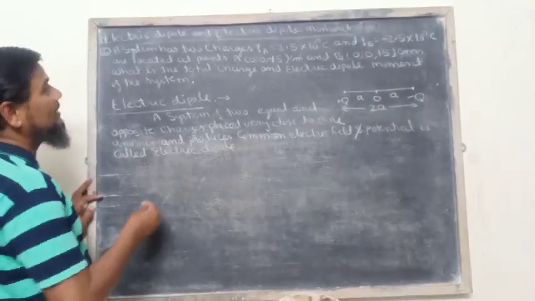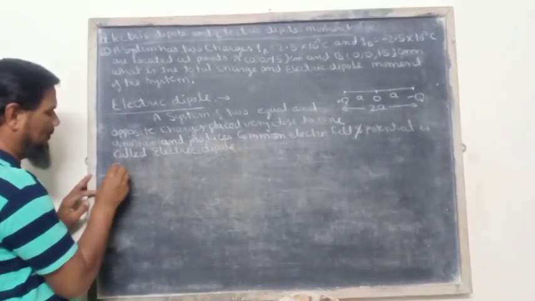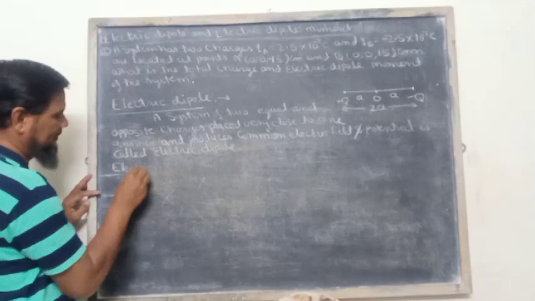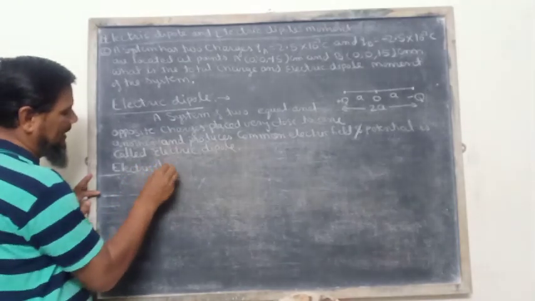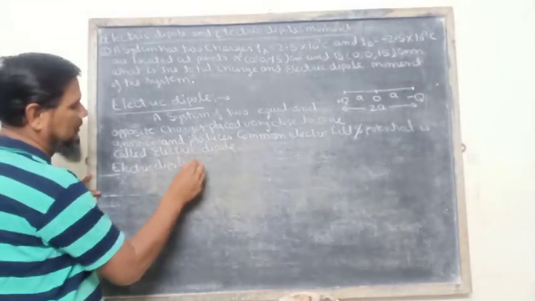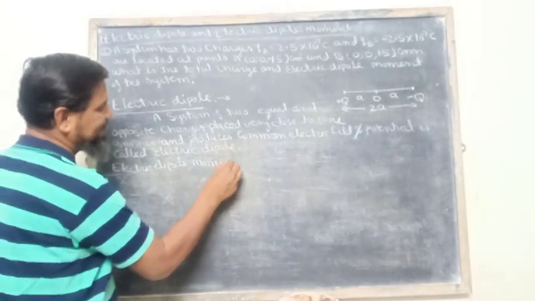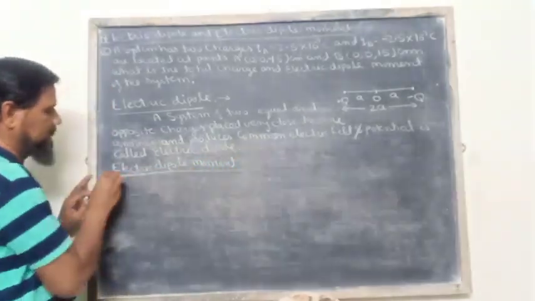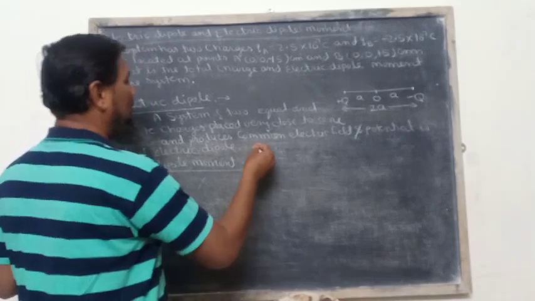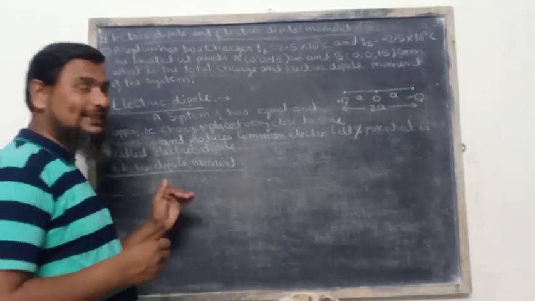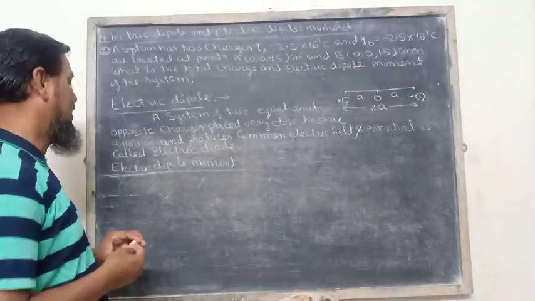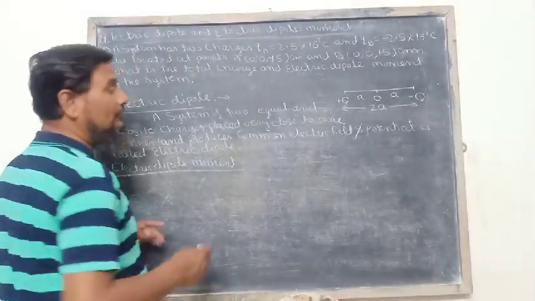Now we shall discuss the electric dipole moment. Electric dipole moment shows the strength of a dipole and it is the product of either charge and the separation of charges.